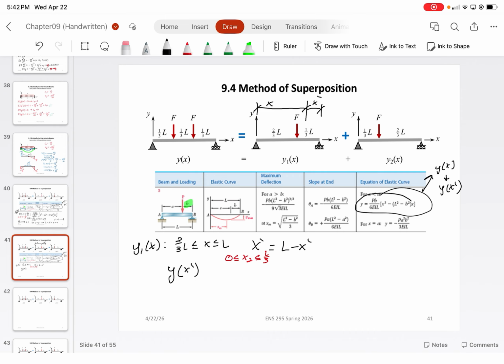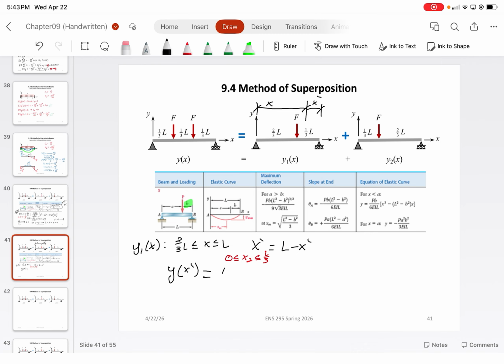All right, so anyways, just expanding on this, we plug everything back into the equation. In this case, our b value would be, no, b would then be 2L over 3. Yeah, because we're basically flipping this. So then this would just be using the equation.